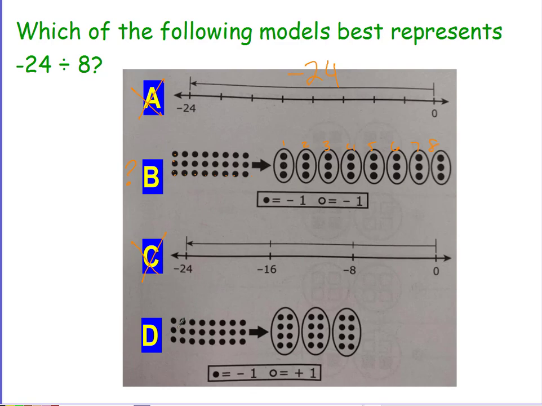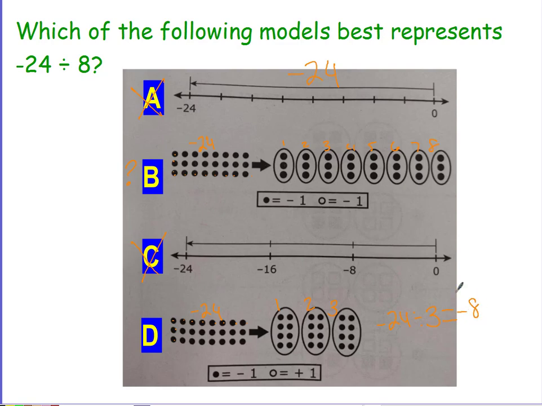And let's look at letter D. 1, 2, 3, 1, 2, 3, 4, 5, 6, 7, 8. Again, I have negative 24. Let me go ahead and write that up here. I have negative 24 chips, but here I have 3 groups. So in reality, the expression for letter D would be negative 24 divided by 3 equals negative 8, which is not what I'm looking for.